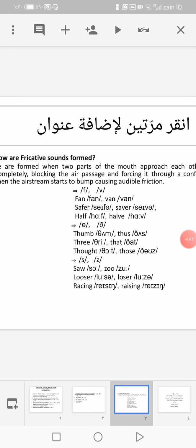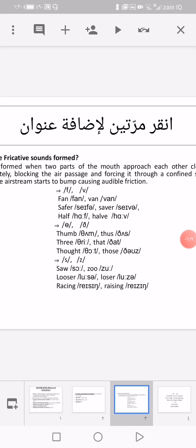Causing audible friction. Like f and v: fun, von, safer, saver, have. There we have thumb. You can concentrate on the phonetic transcription.